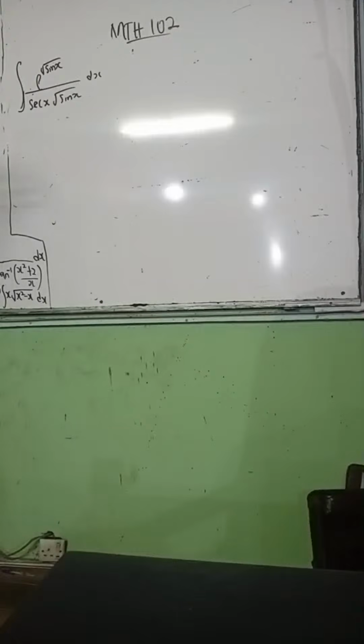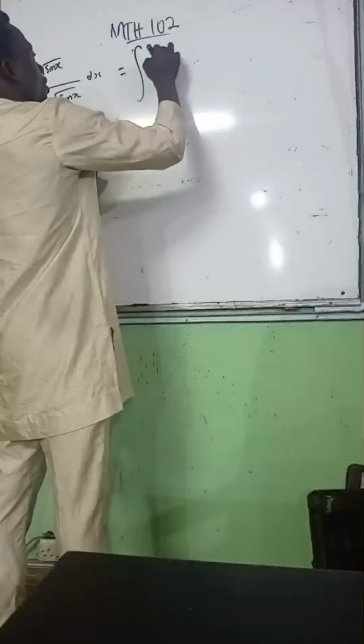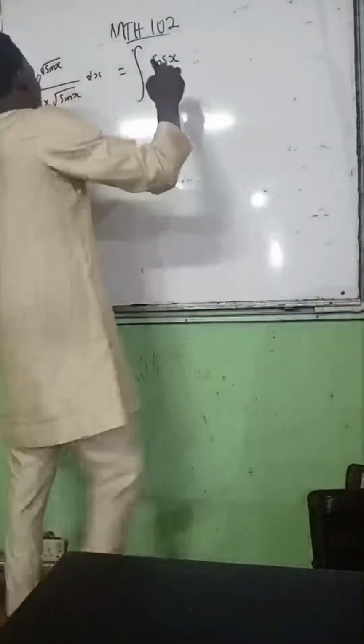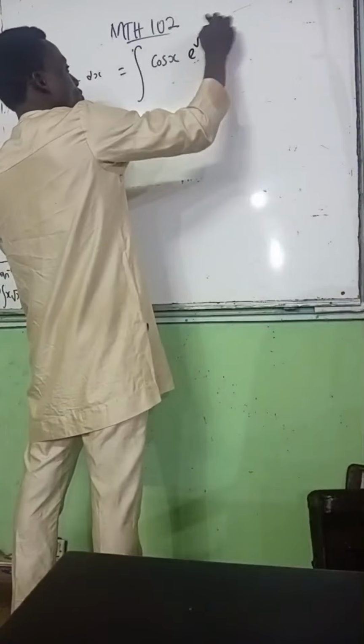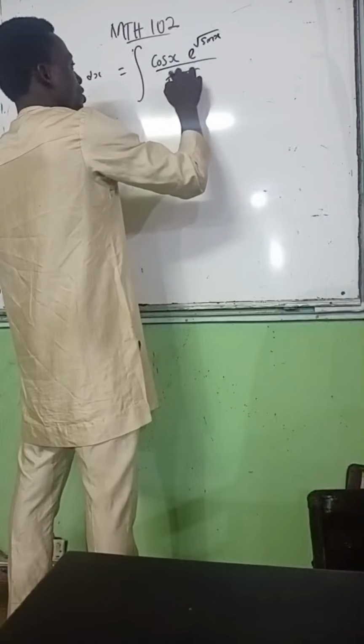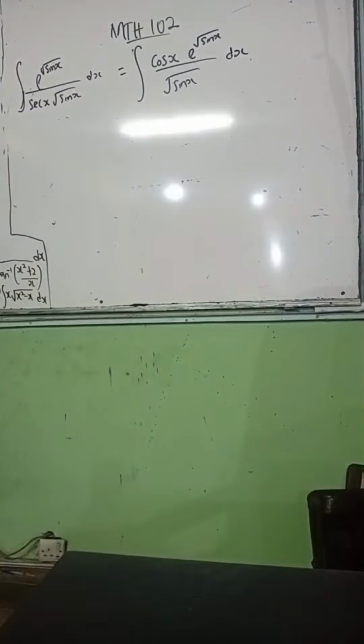Can someone see that there's cos x inside the question? 1 over sec x is cos x. This becomes cos x e raised to power root sine x divided by root sine x dx. After doing it like this, what's the next thing you think we should do?